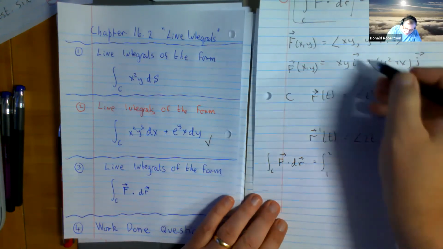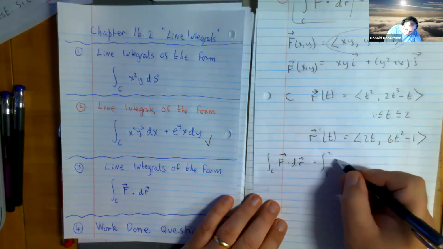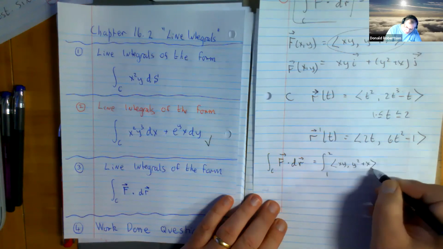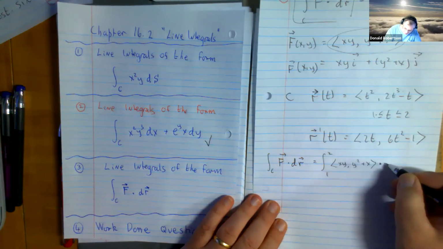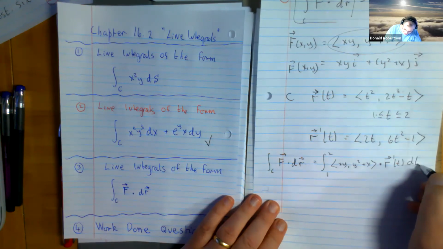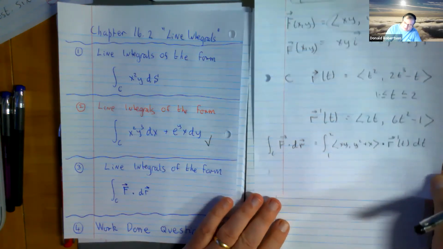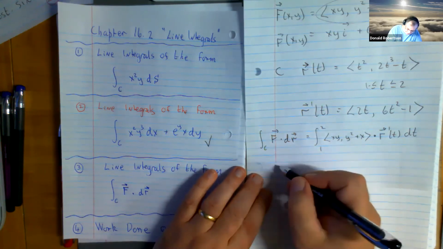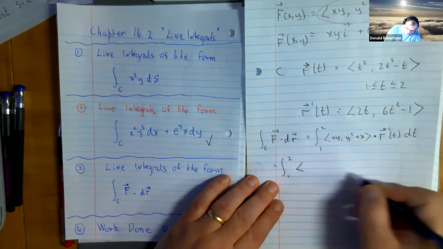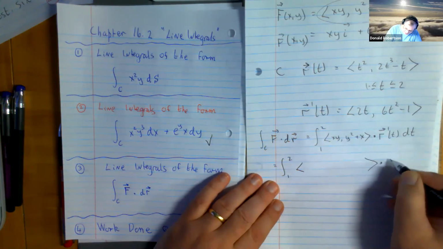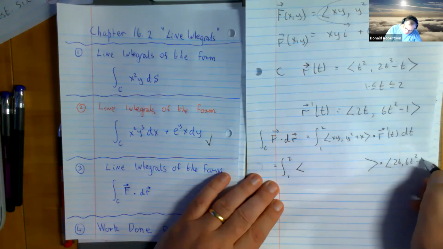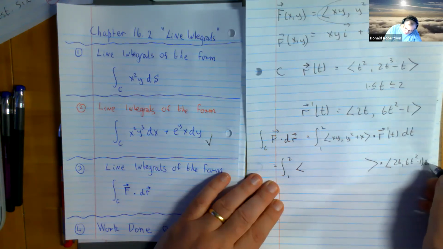The space curve is this fella, and I'm going to do it kind of slowly. Dot product with r dashed of t dt. So I'm kind of mixing and matching things right now. That's integral from 1 to 2. R dashed is 2t, 6t squared minus 1, dt.